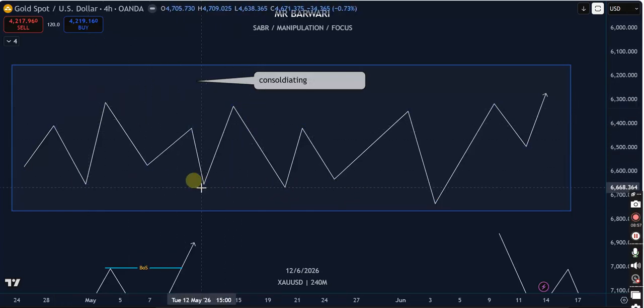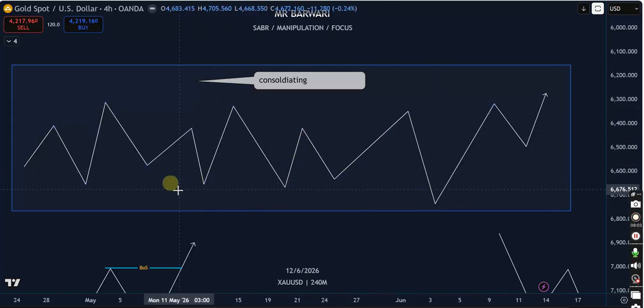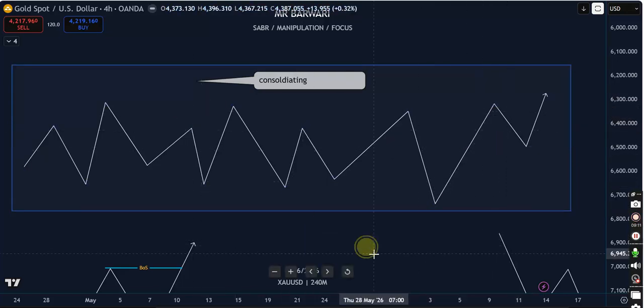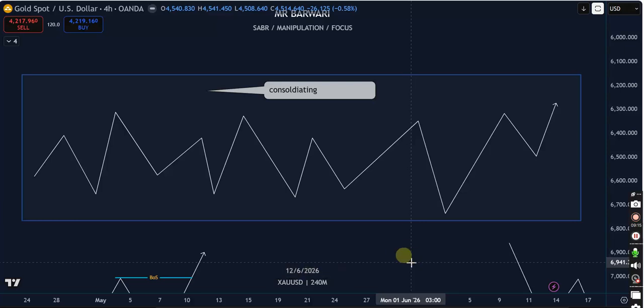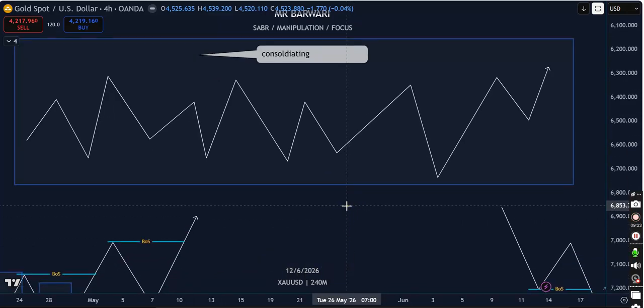We take this low, we take that low, we come back up, we try to take this high, we can't do it, we take that low, we take this low right here, we make a lower low. Now we're going up again. There's no clear direction. This is a consolidation phase, and most likely we're not going to get involved in this leg because there's no direction, it's just moving like this.